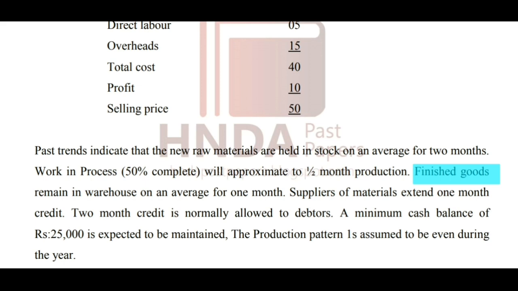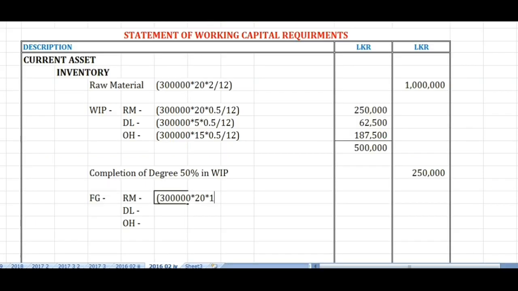So period is 1 month. One divided by 12. 500,000 rupees.